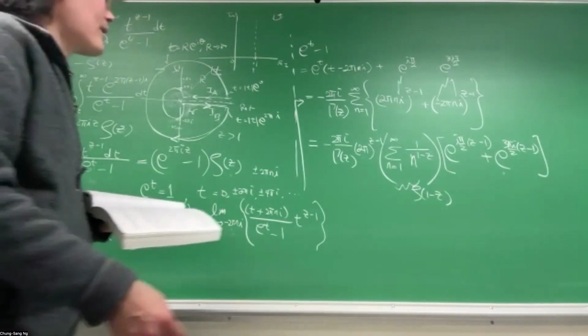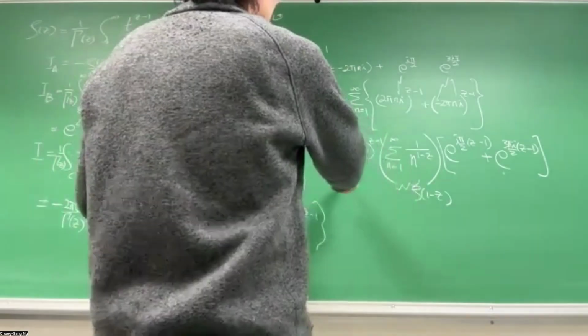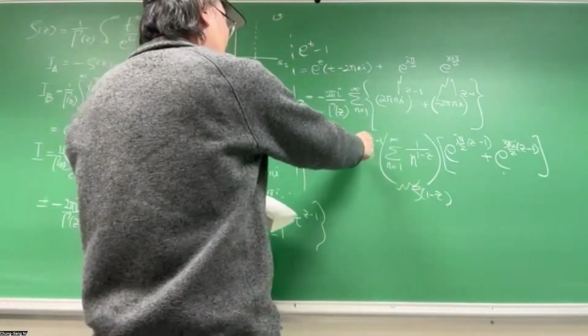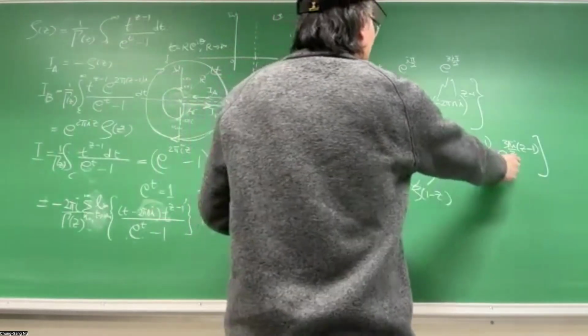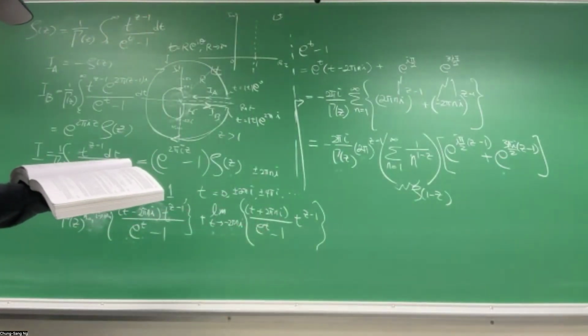And the rest is a phase factor. You have all this power of z, 2 pi to the z, and then all this phase factor involving z in the argument.